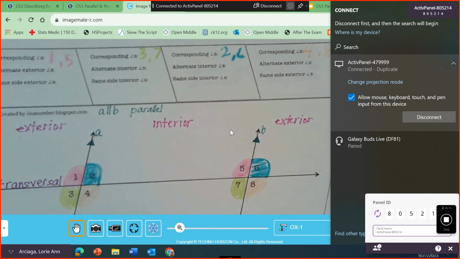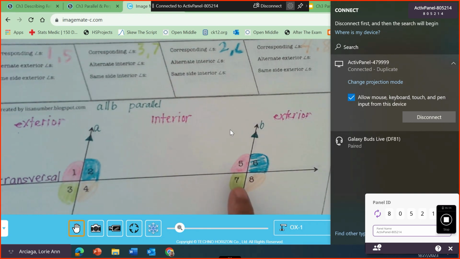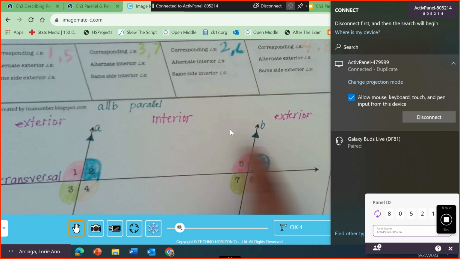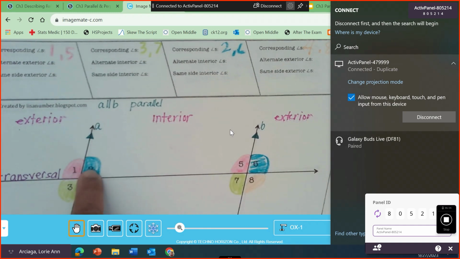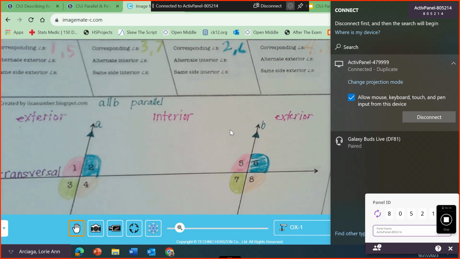Imagine if you slide line B, all of these angles will go on top of line A. So how do you think corresponding angles are related? Are they equal? Are they supplementary? Are they complementary? What's your guess? If the blue one goes on top of the other blue one over here, will they fit? Yeah, because this is just a duplicate of the other, right?